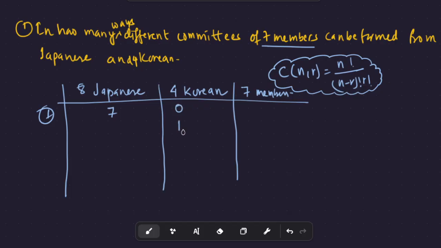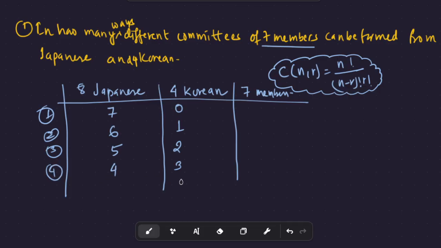Similarly, if we take 1 Korean, then how many Japanese can we take? 6. Similarly, if we take 2 Korean, then how many Japanese? 5. Similarly, if we take 3 Korean, then we can take 4 Japanese, right?